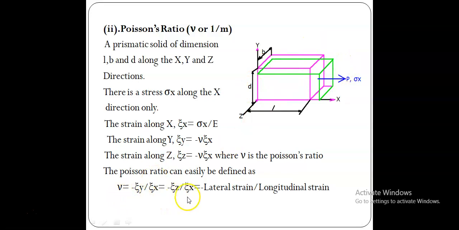So that is what this minus denotes. As per this discussion, the Poisson ratio can be defined as the ratio between lateral strain and longitudinal strain. It is a unitless parameter.